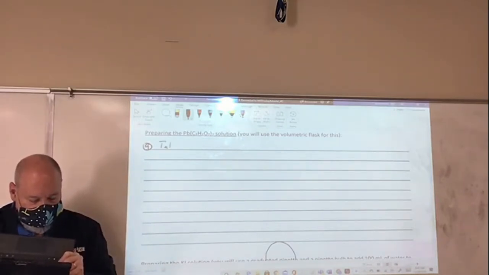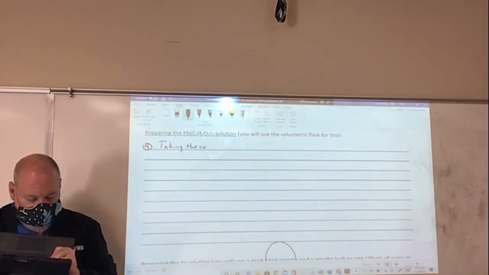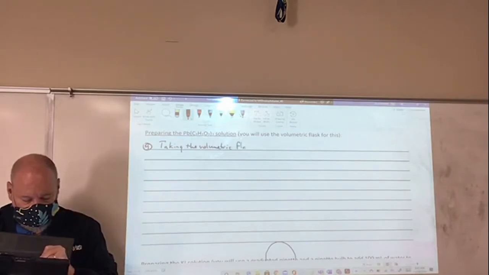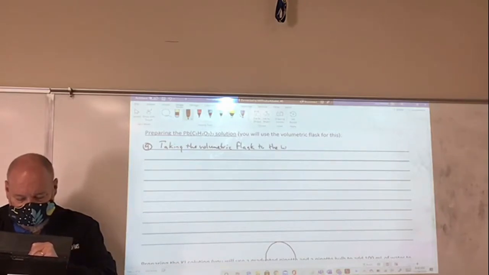Taking the volumetric flask to the weigh station.